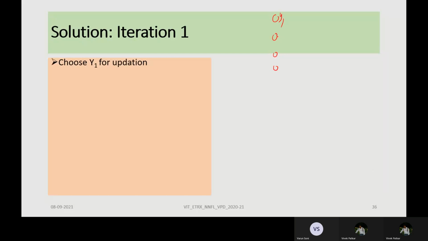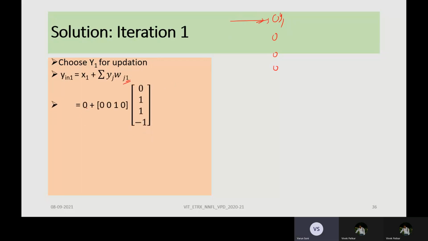We have selected y1. तो y in 1 जो रहेगा, मतलब इसके जो इनपुट्स आने वाले हैं, that will be इसका खुद का इनपुट plus weighted inputs of all other neurons. Got it? Understood? Yes, sir.